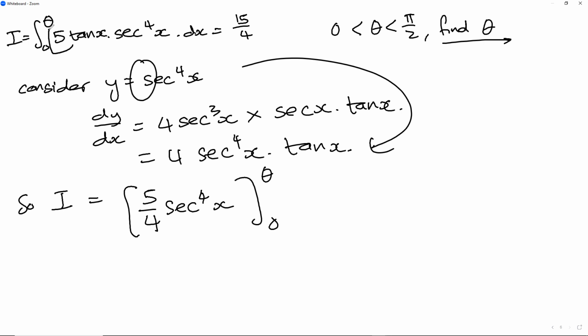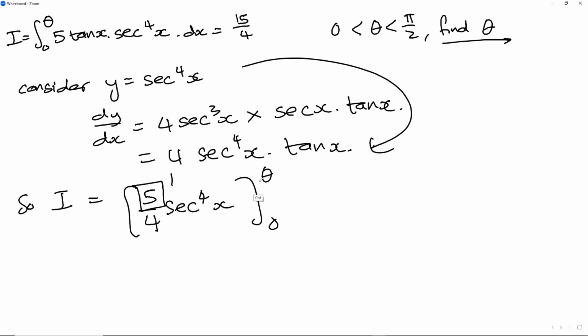Then I would bring the 5 in and remove the 4 by multiplying by 5 over 4. The 5 will remain and the 4 will cancel with that 4. So I put 5 over 4 here to keep the 5 but cancel out the 4.